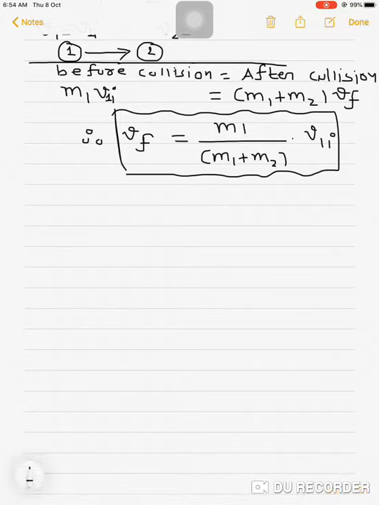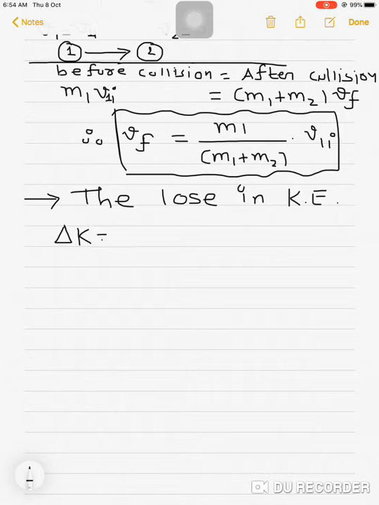That relation can be considered like that: the loss in kinetic energy, delta K, is given by, obviously, the initial kinetic energy, 1 half m1 v1i square.